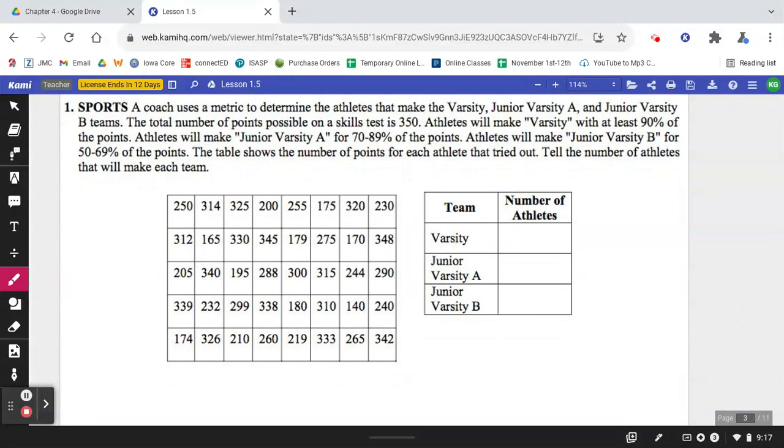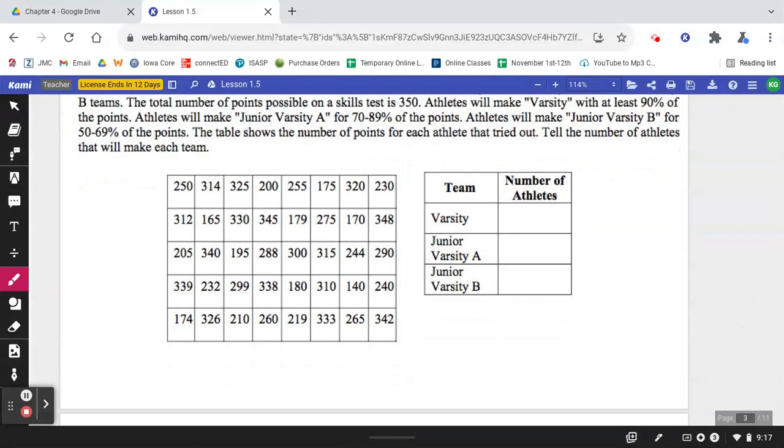Okay, so now we need to figure out what percentage of the points make varsity and turn that into a number. In order to make varsity, you need 90%, which we write as 0.90. Then it says the word of, which means to multiply, and then the points, which was 350.